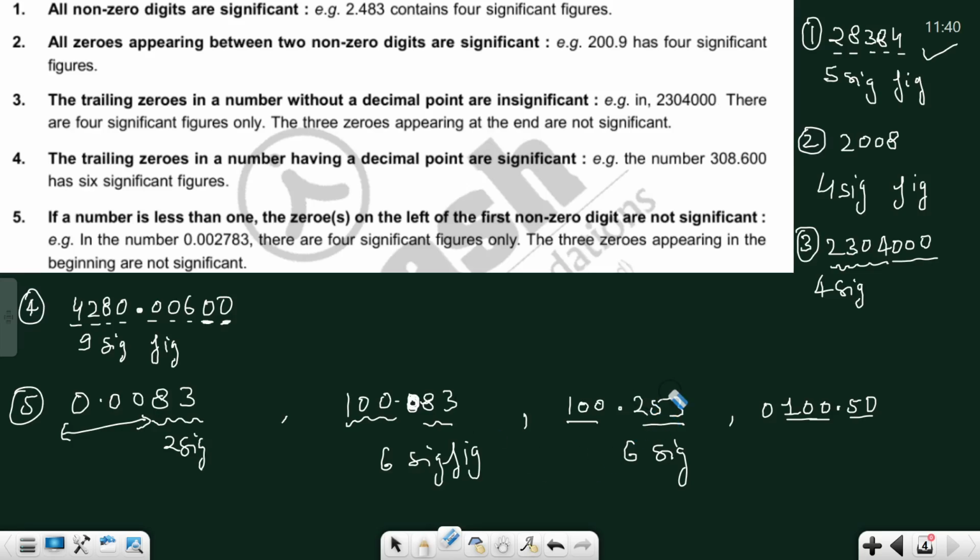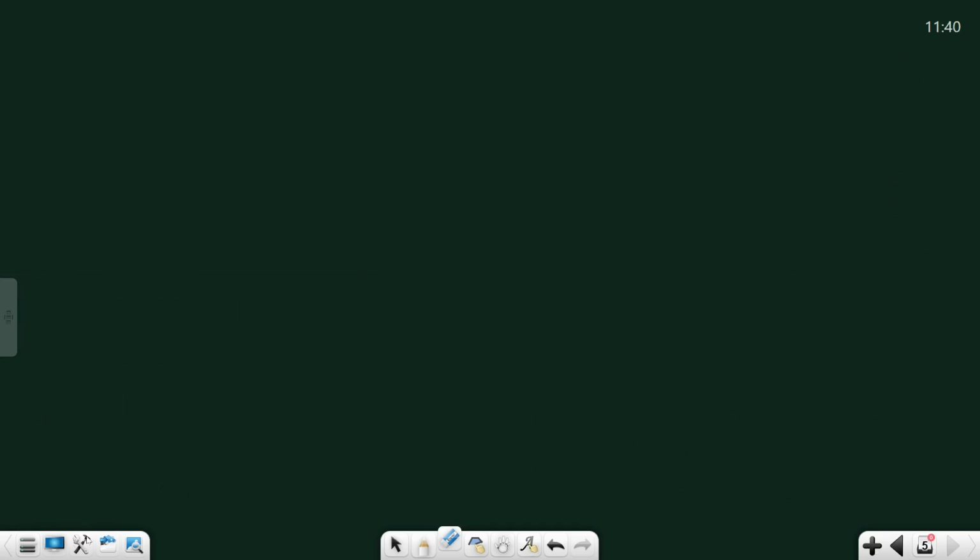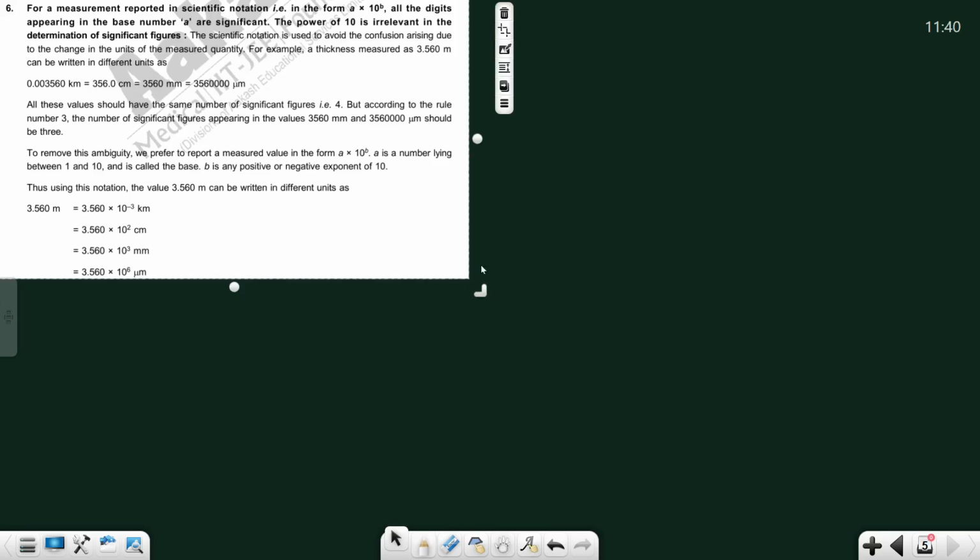Okay, clear? Sir, if there is a number and after the point there is a zero, will that zero be a significant figure? Suppose a number is there like 982.0.